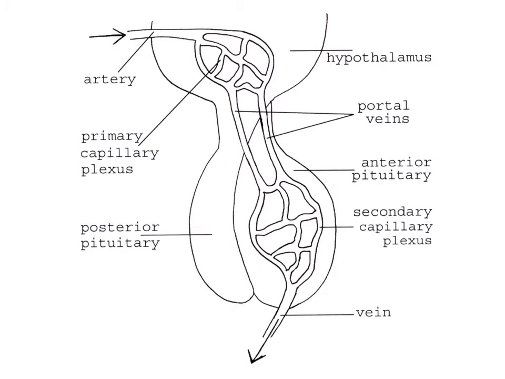But these capillaries do not drain directly into the systemic venous circulation. They drain into specialized veins called portal veins. And a portal vein is a vein which begins and ends with capillaries. So these releasing hormones go into the portal veins, and this delivers them at relatively high concentrations directly to the anterior pituitary gland.